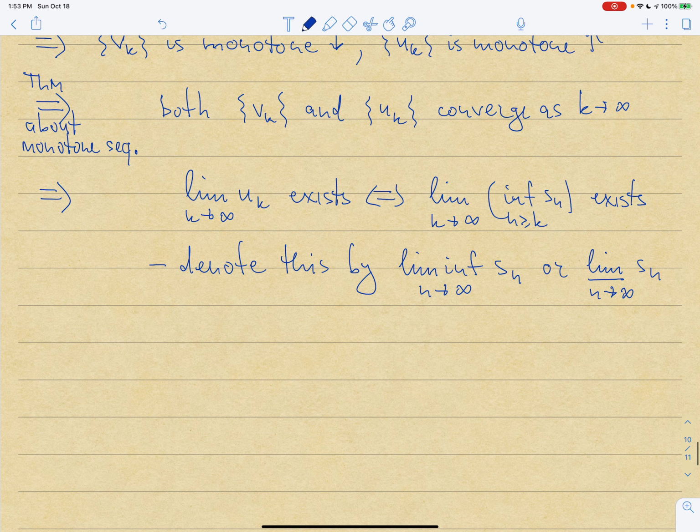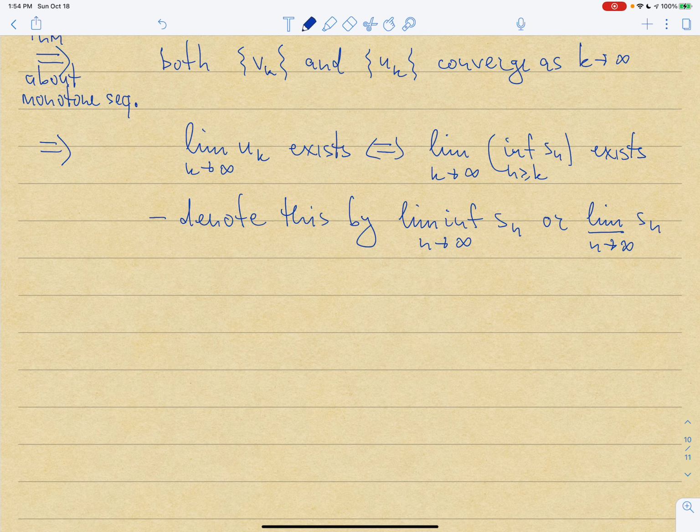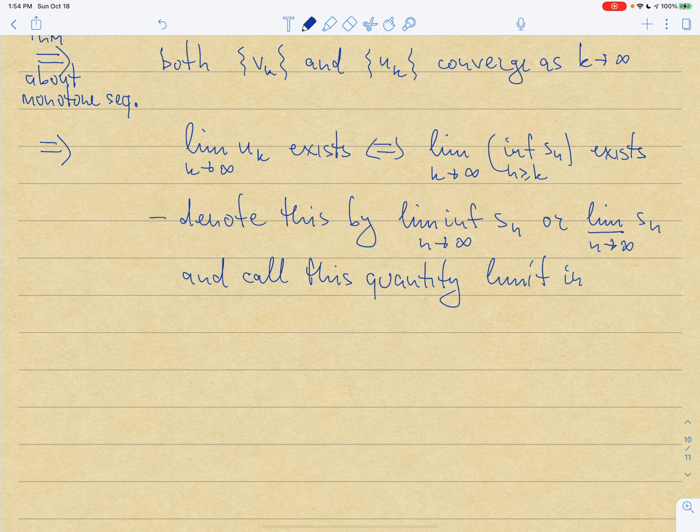And this is called limit inferior or liminf of a sequence Sn.